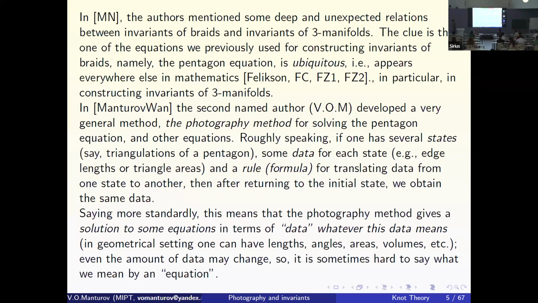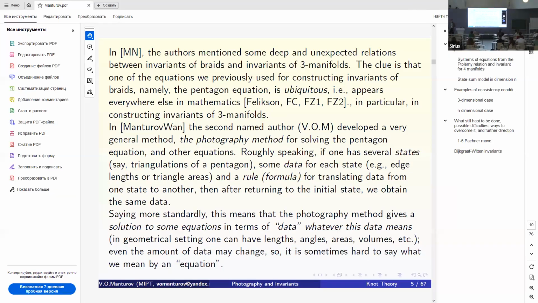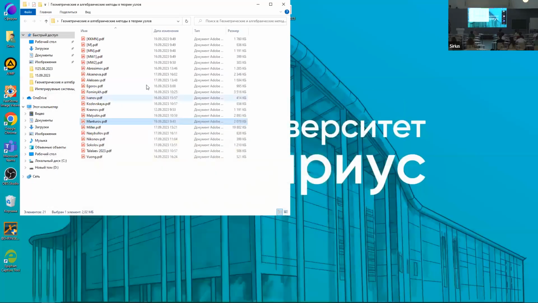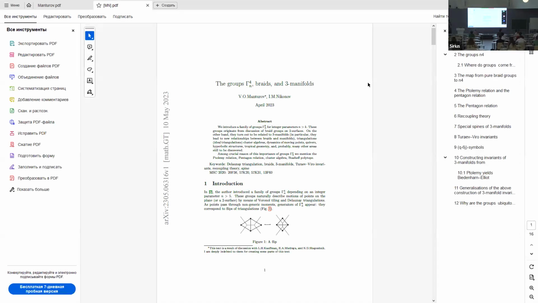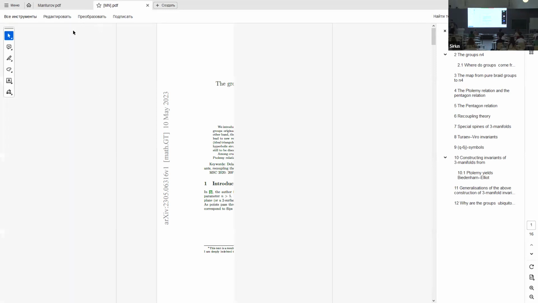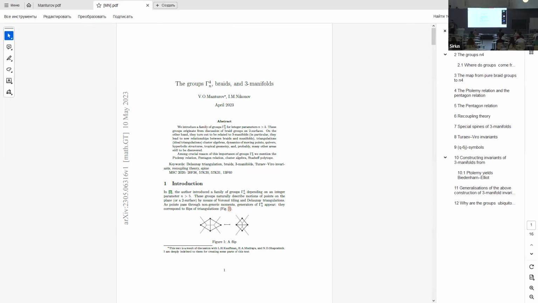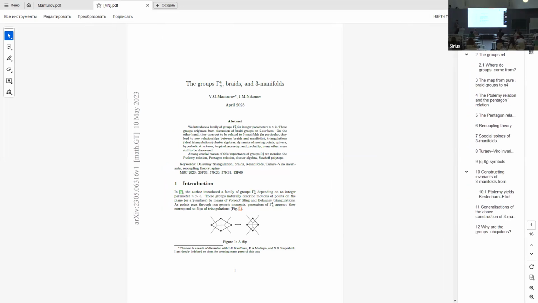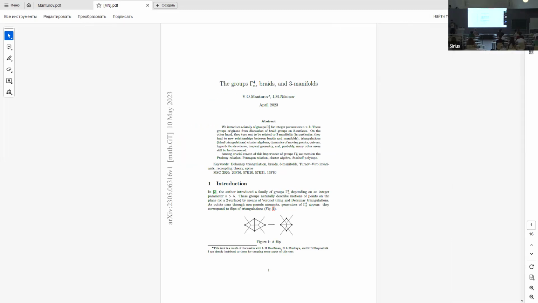Maybe I can ask Nikolai to show my paper with Nikonov from May, and to share my paper from the arXiv. In spring, I was working on some groups called groups G_n^k, and I understood a very interesting phenomenon: some equations which appeared for constructing invariants of 3-manifolds, the pentagon equations, turn out to be very useful for getting invariants of braids.